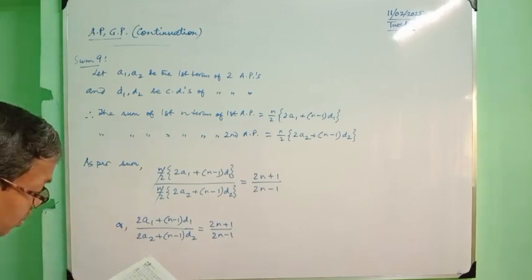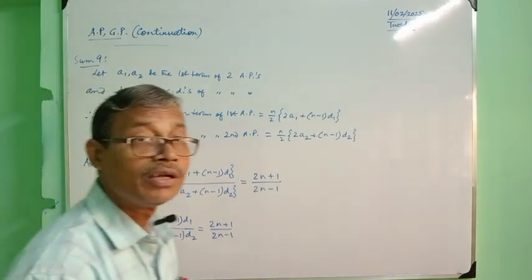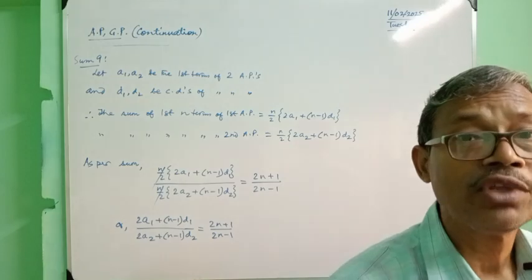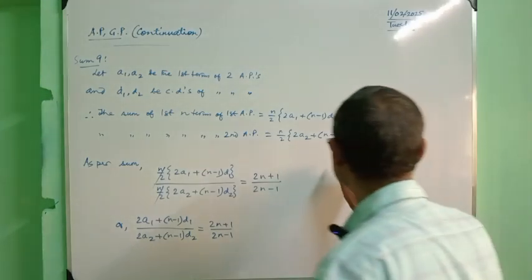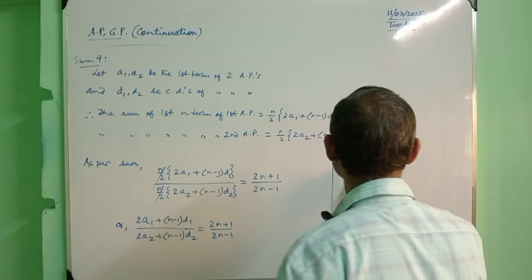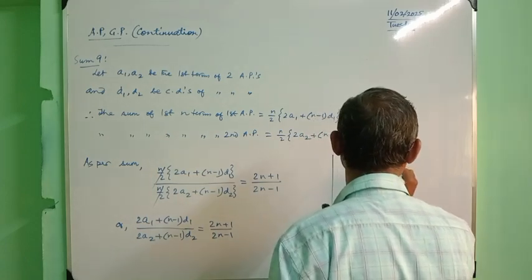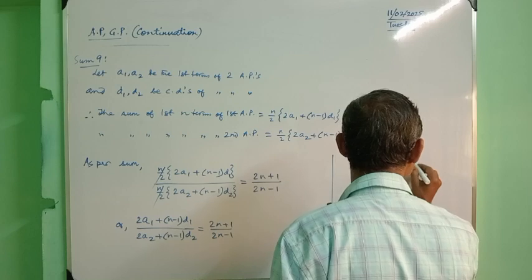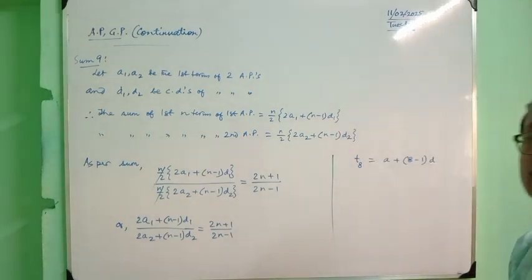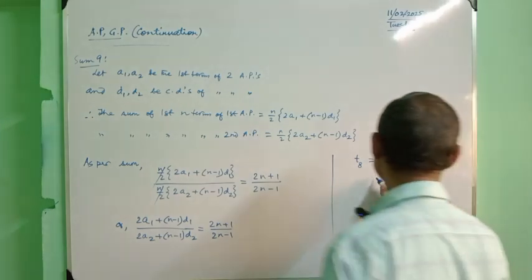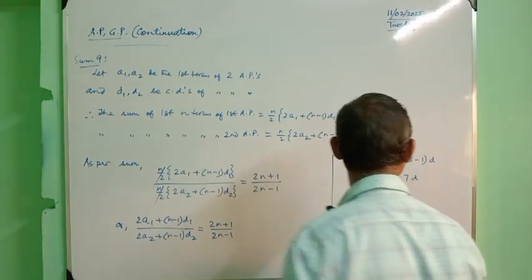Now we have to find the ratio of their 8th terms. Let us discuss this one. The 8th term T8 is equal to A plus 8 minus 1 whole into D, that means A plus 7D.